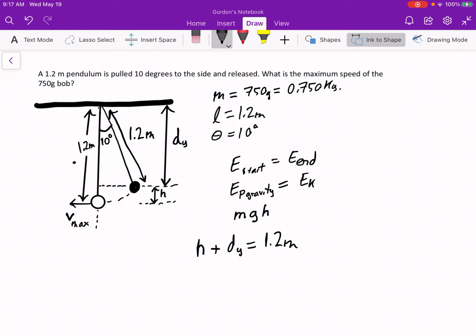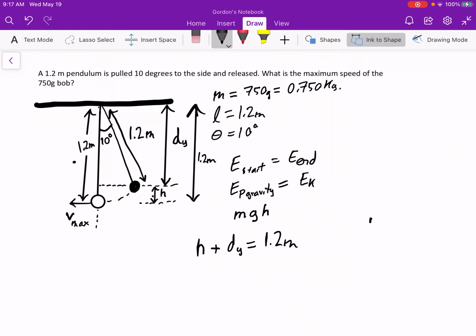Hopefully that makes sense. So we've got this total distance here all the way from when the pendulum is in its vertical position is 1.2 meters. And that is the combination of the change in height plus the vertical part of this pendulum when it is to the side. So we need to figure out what this vertical height is.